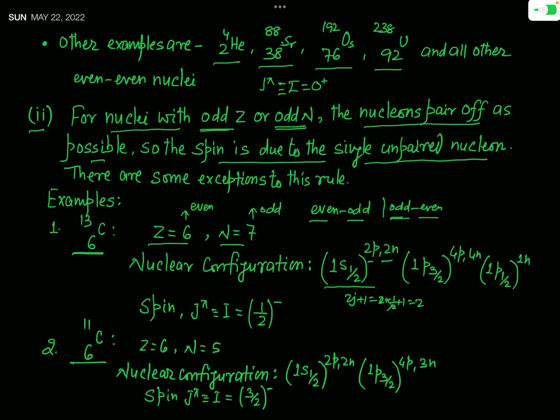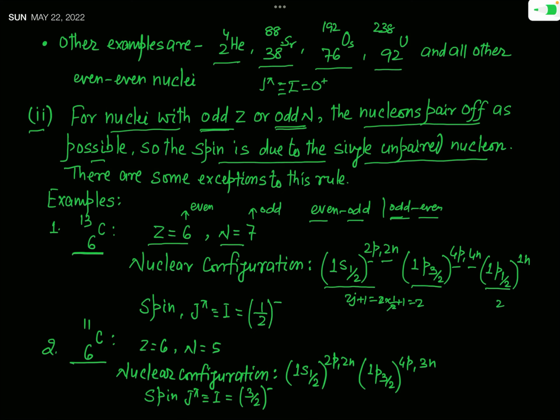Then 1p3/2. Since j is 3/2, the number of each nucleon will be 4. So this is 4p 4n, and 1p1/2. This subshell can accommodate 2 protons and 2 neutrons.